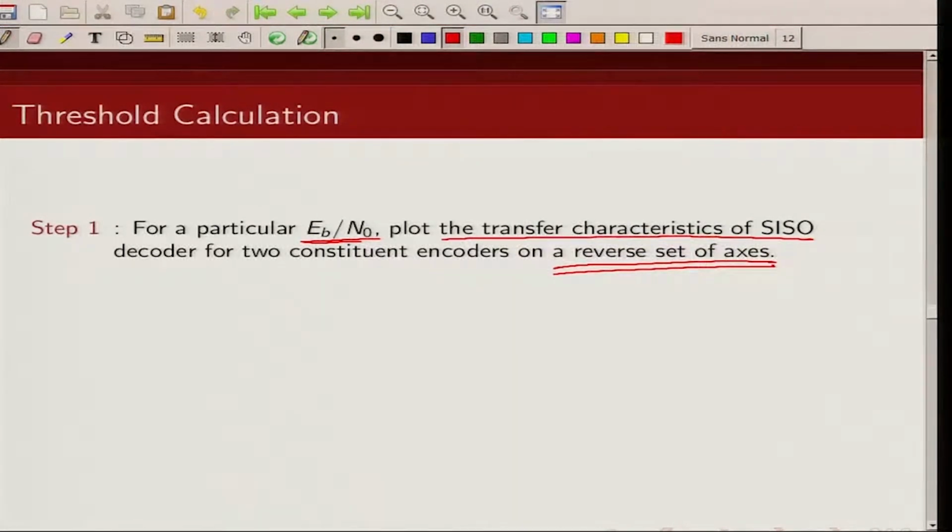For the first decoder, my SNR in is on the x axis and SNR out is on the y axis. Now, for the second decoder, my SNR in is on the y axis and SNR out is on the x axis. Now, why do I do this? Because the extrinsic information of the first decoder is input to the second decoder.